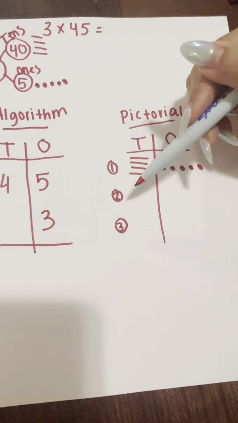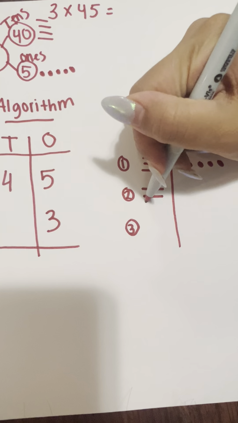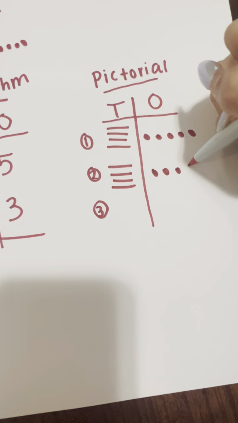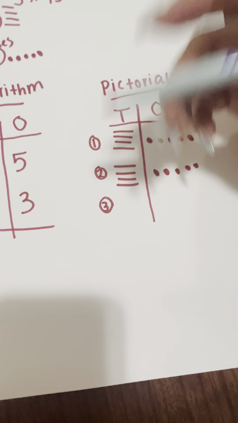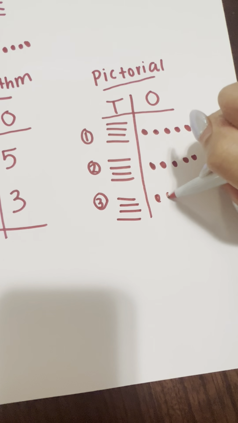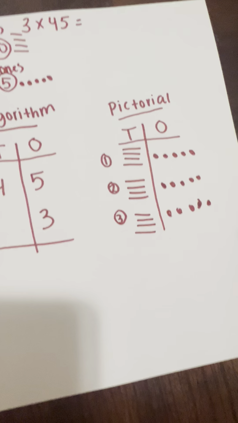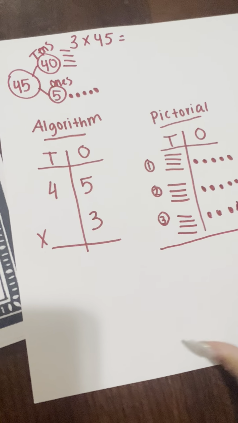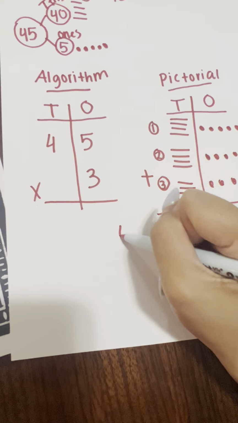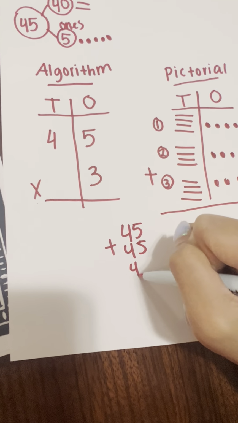Let's continue and finish my second and third group. 1, 2, 3, 4 is 40, and 1, 2, 3, 4, 5. 45. Last group: 1, 2, 3, 4, and 5. Basically what this is, we're adding 45 3 times. That's all it is.